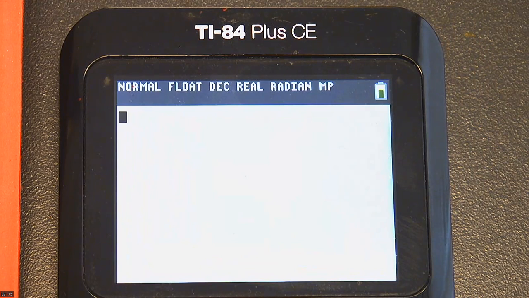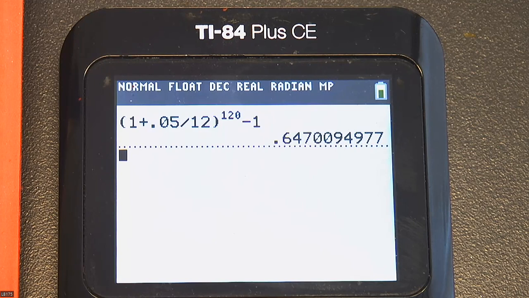And in fact, what I do is I start in the numerator of that fraction. So I put parentheses 1 plus 0.05 divided by 12 to the 120th power, and then I subtract 1. Okay, so that's the entire numerator. I'll hit enter. Now don't round this number yet, just leave it alone.